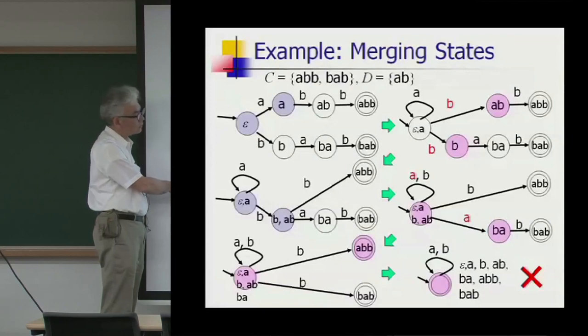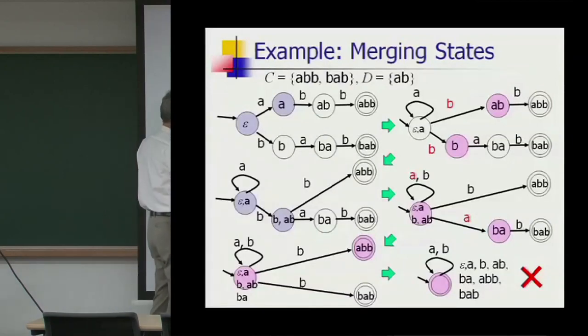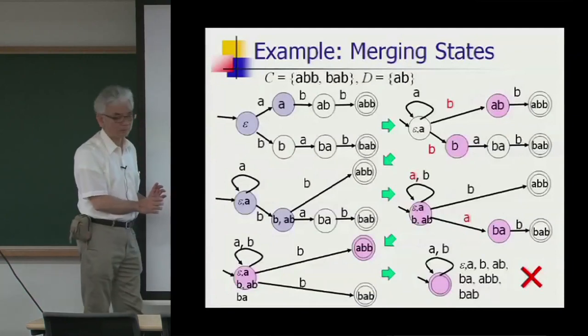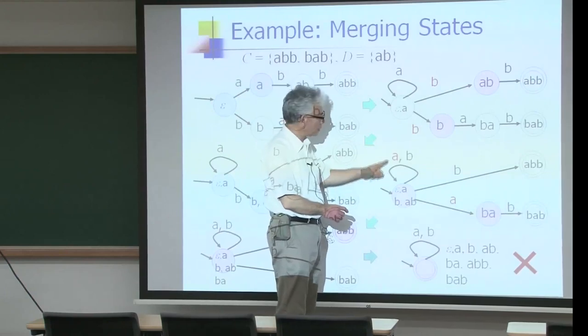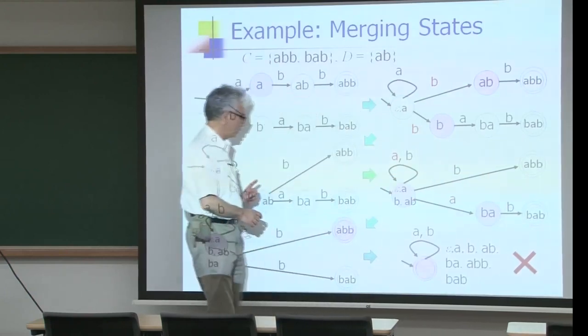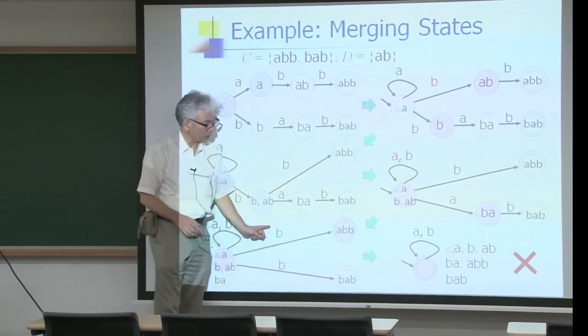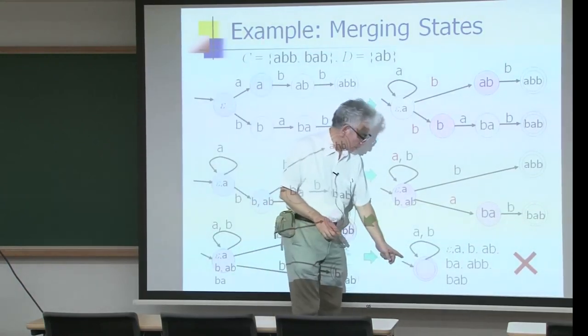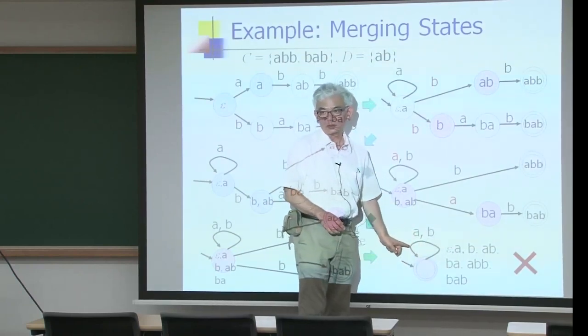And again, we try to merge these two states into one, but we have a contradiction here, and also a contradiction here. Then eventually we get such a very simple automaton.